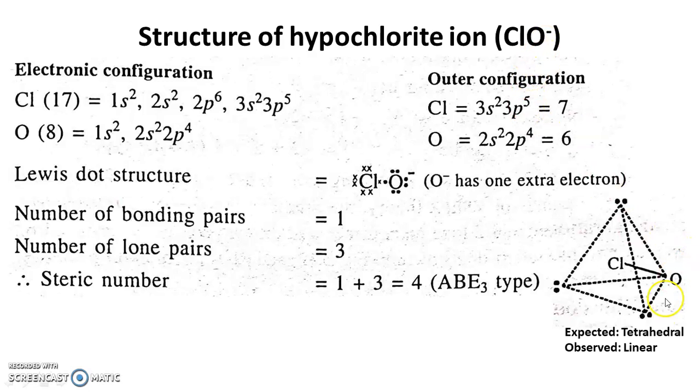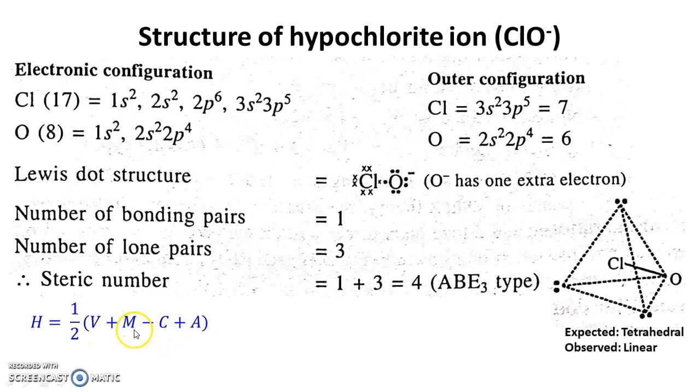There is only 1 oxygen, whereas the other 3 corners will be occupied by the lone pairs of electrons, and lone pair repulsion is highest. The actually observed geometry for the hypochlorite ion is linear. Now the alternative method is H equals half of V plus M minus C plus A. V is the valence shell electrons of the central atom, that is chlorine.